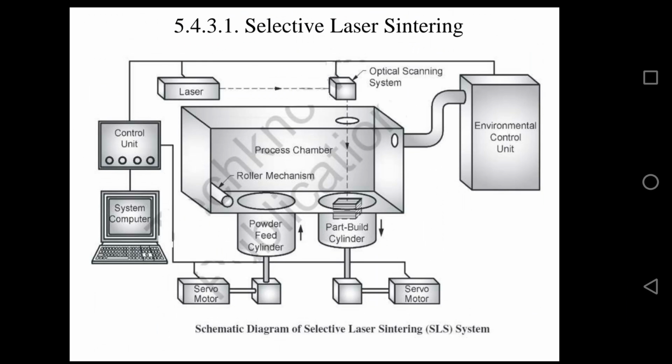So what are the applications? Well, it is used for making prototypes, and if you want to make any tools or machine tools, we manufacture those tools by using the selective laser sintering process. So this is the schematic diagram of the selective laser sintering system. Everything is the same, this is only the schematic diagram of selective laser sintering.